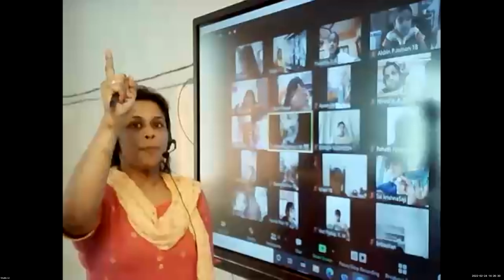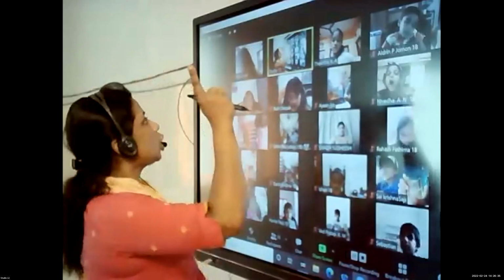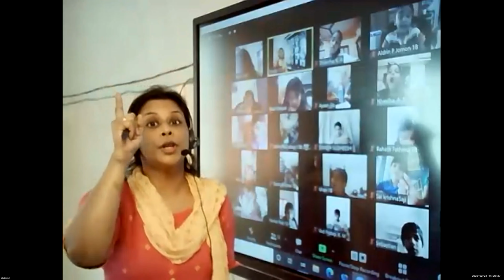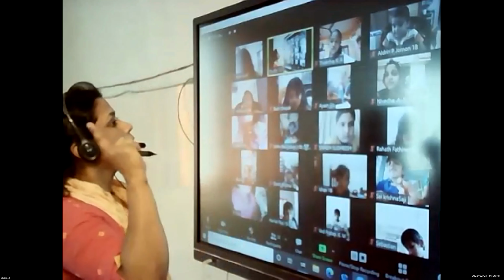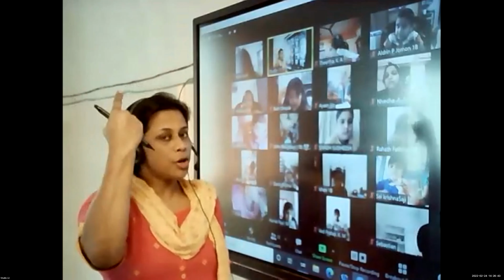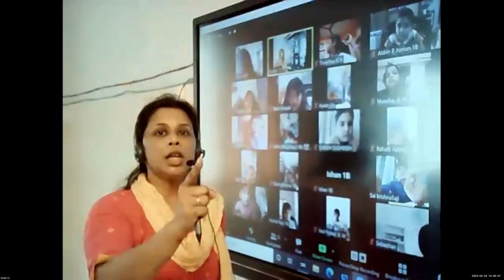Singular means one. So when we talk about one person, one place, one animal, or one thing, or when we talk about the singular pronouns, that is he, she, it, kindly do remember the singular pronouns are he, she, it.